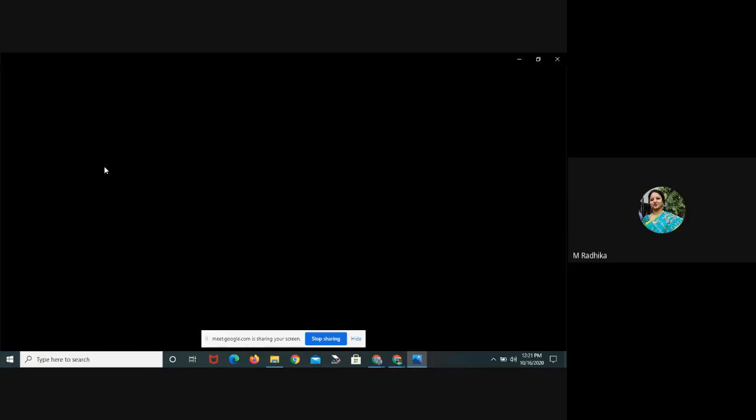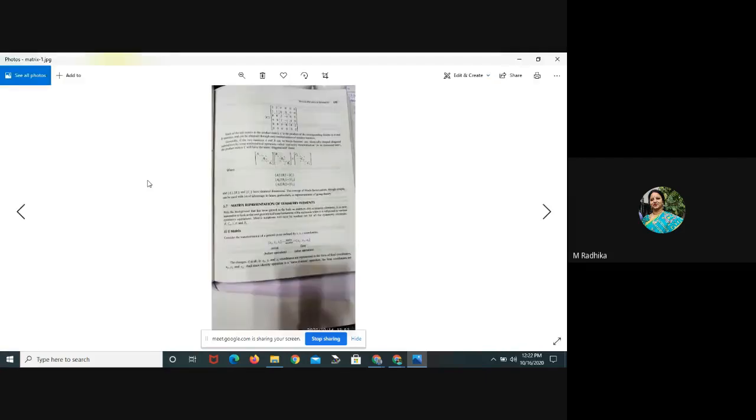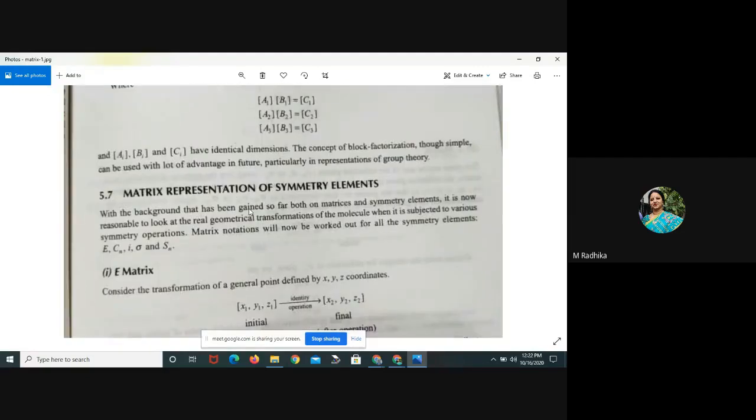So I'm sharing the textbook material with you. If you can see, this is the matrix representation of the symmetry elements. So when you do the operation, what is the initial and what is the final?